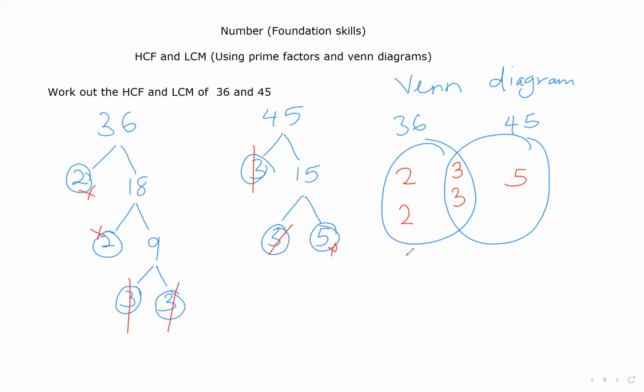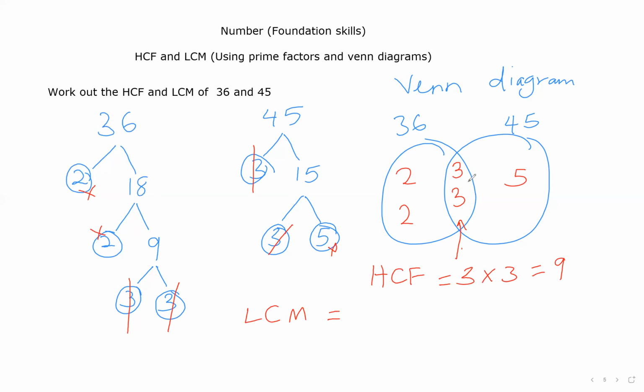Okay, so what is our HCF? We find our HCF by multiplying the numbers in the common space. So our HCF is going to be 3 times 3, which equals 9. And we find our LCM by multiplying all the numbers in both circles.